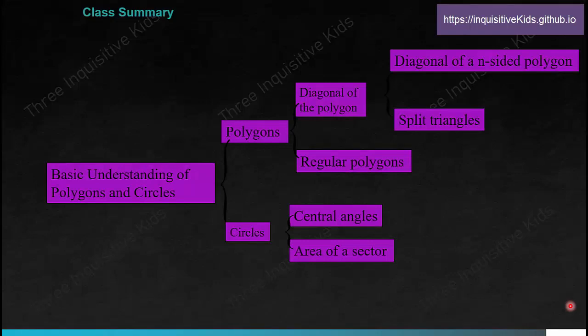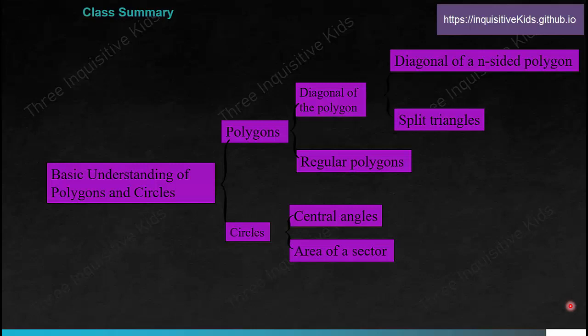Now it's the class summary, and I'd like you to pay attention to these because it refreshes our minds a bit. If you have any questions like, what did we learn in this lesson again? This is the time to review. So we learned all about the basic understanding of polygons and circles, and it's mostly preparing you for the later geometry chapters, which get harder and harder.